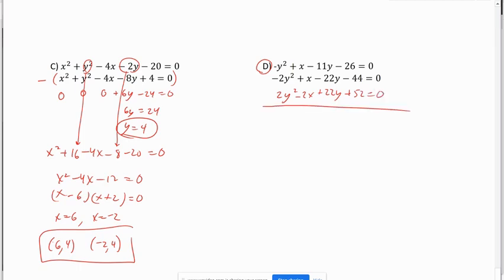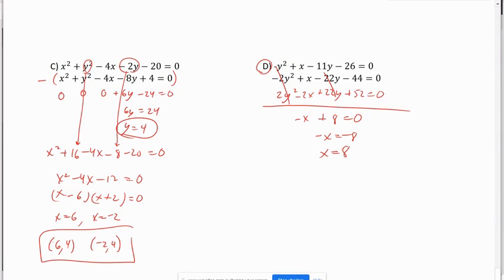So then if we add those equations, the y squared terms will go away, and we'll have negative x plus 8 equals 0. So then x equals negative 8. Or actually we would get negative x equals negative 8, which means x equals positive 8.